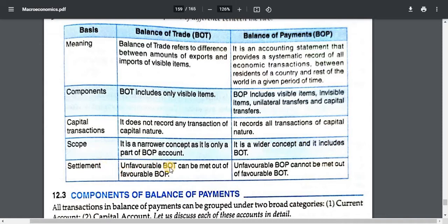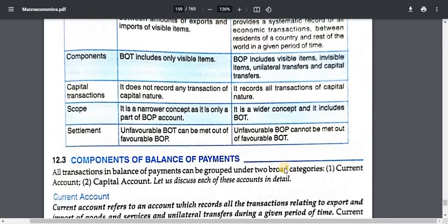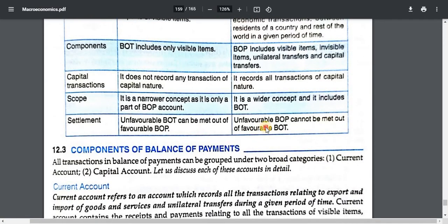Settlement: unfavorable BOT can be met out of favorable BOP. Unfavorable BOP cannot be met out of favorable BOT.